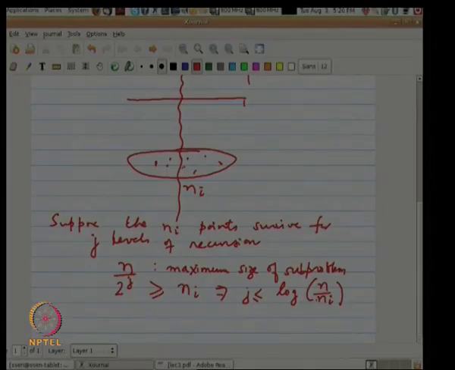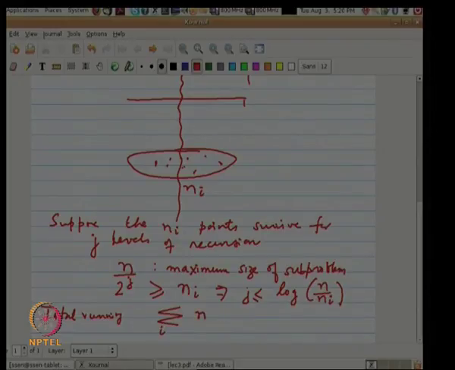So, a point in cluster i can survive for at most so many iterations, which means that the total running time of the algorithm can be bounded as a sum over all the clusters i. For each cluster that has n sub i points, the cost is log of n over n sub i.